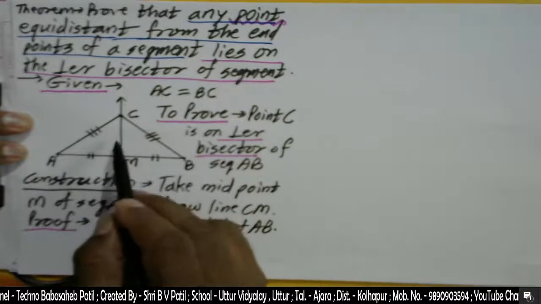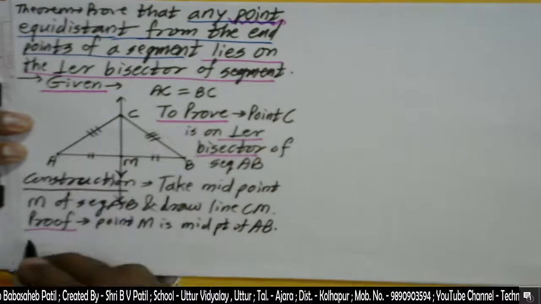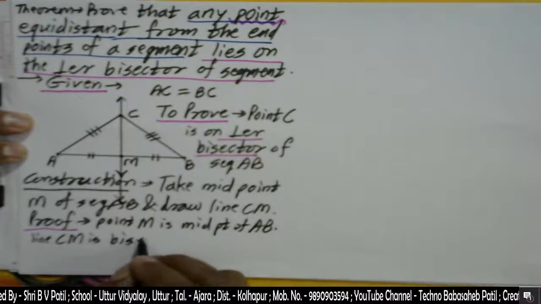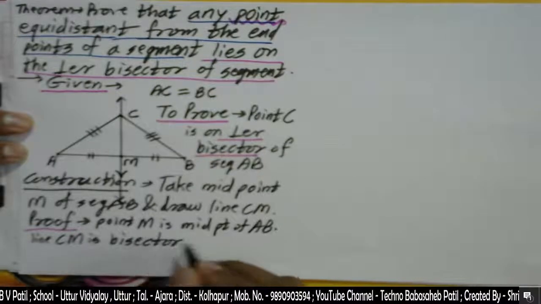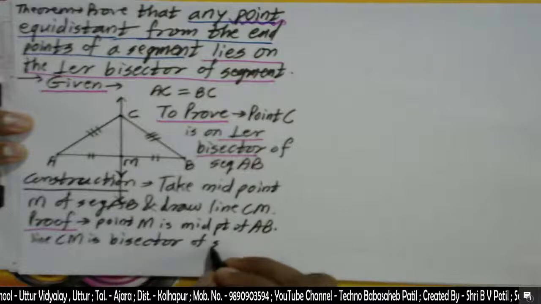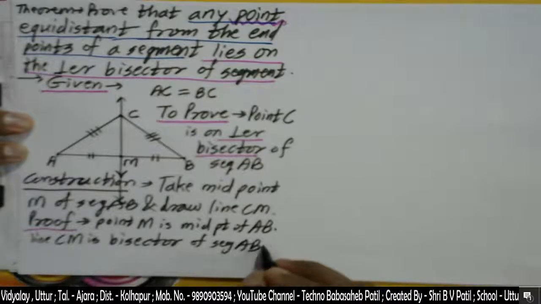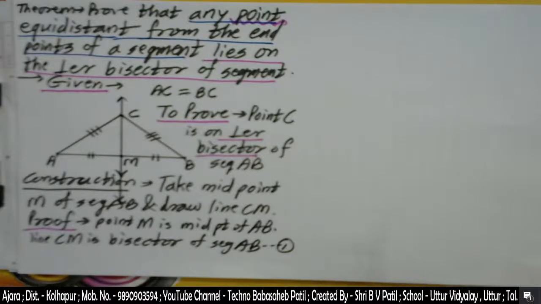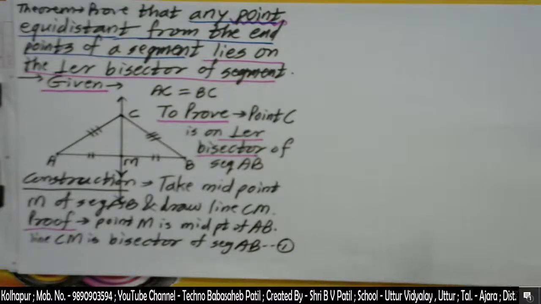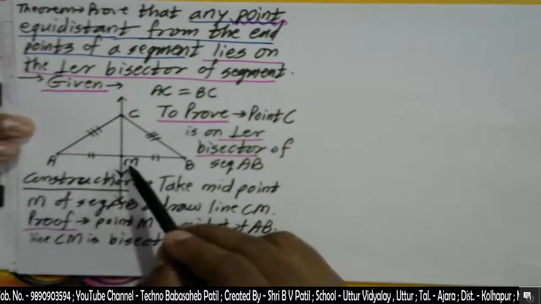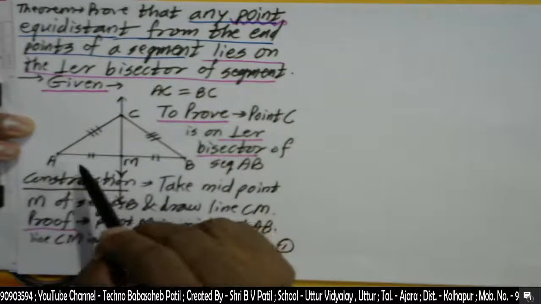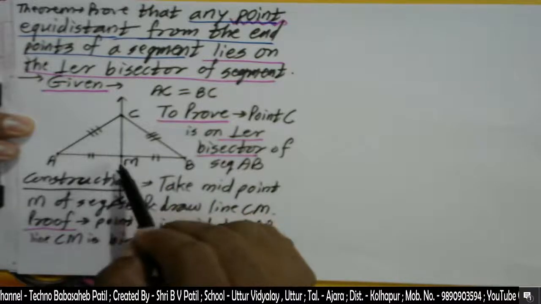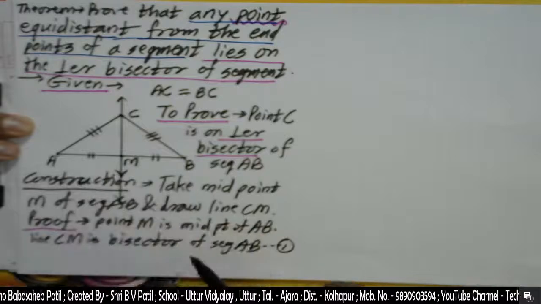Means we can say that this is bisector. Line CM is bisector of segment AB. That is equation 1. M is the midpoint, means that line makes equal parts of segment. Means that line is bisector of segment AB.